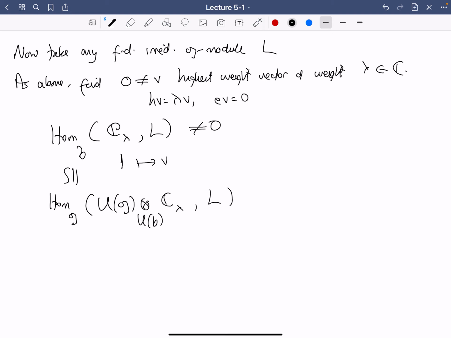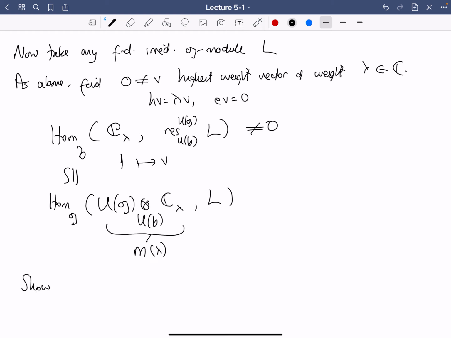I guess maybe I should have written the restriction there, then it might look more familiar. The restriction from U of G down to U of B here. This is adjointness of tensor and hom, or Frobenius reciprocity. I've just put this tensor in, but of course this is our Verma module.